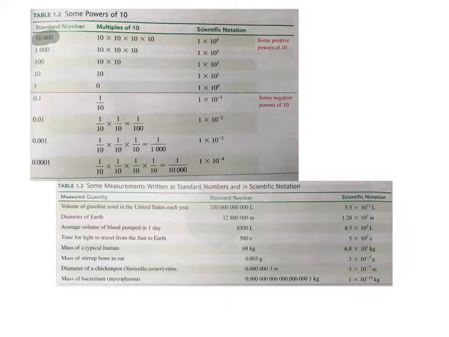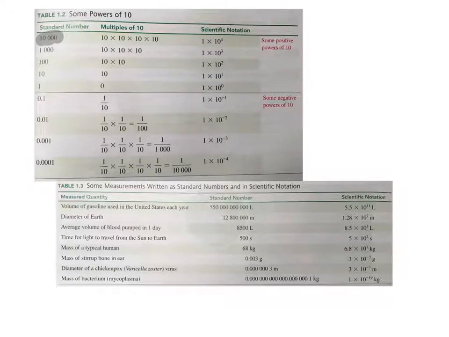And 10,000 is really 10 times 10 times 10 times 10. And you can see in there, there are 1, 2, 3, 4 zeros. So what we get in scientific notation is 1 times 10 to the 4th, because it's 10 multiplied by itself 4 times.